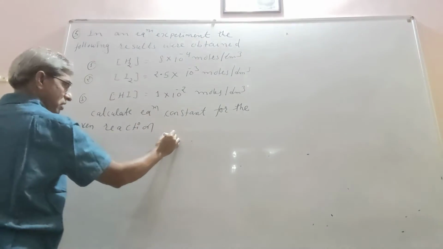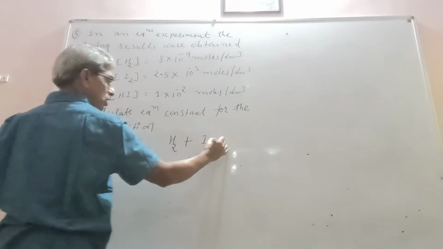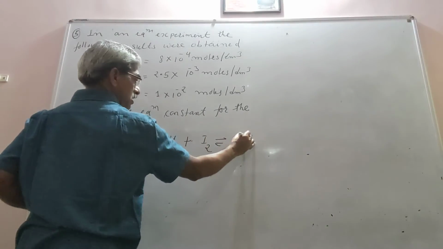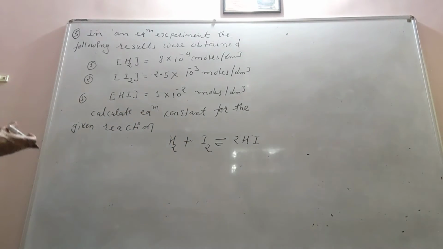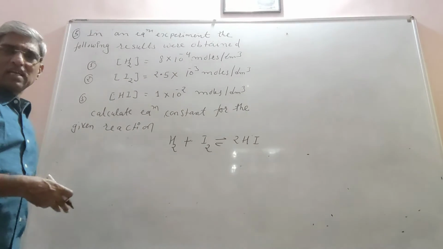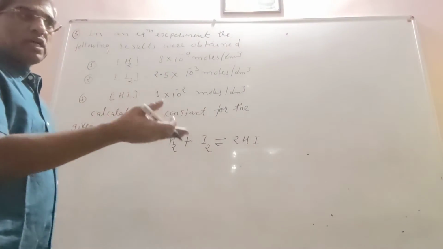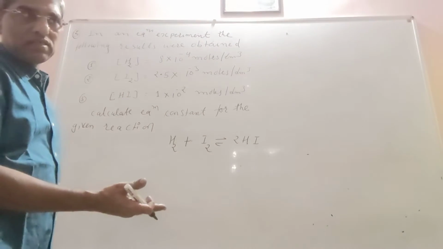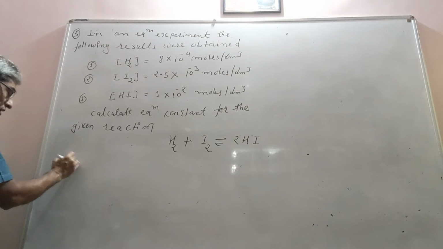The reaction is given: H2 plus I2 gives twice HI. Simple, the concentrations are directly given at equilibrium. It means if H2 reacts with I2 to form HI, equilibrium is established, and then their concentrations at equilibrium are given.